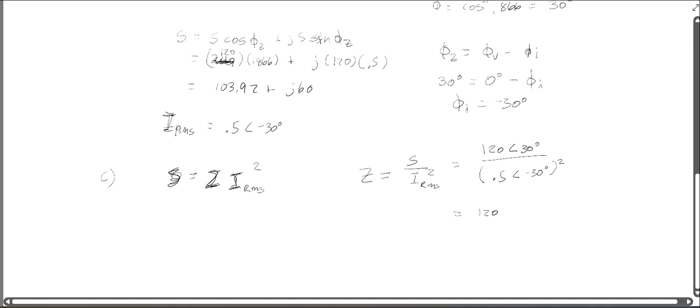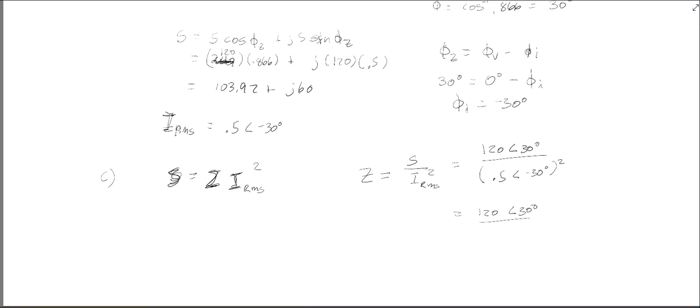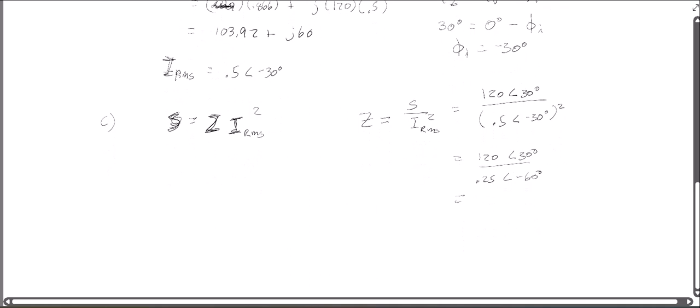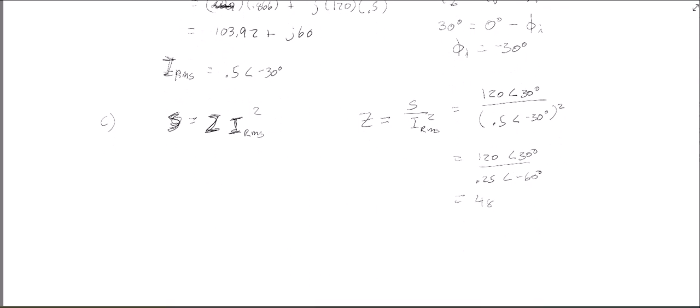So that'll be 120 angle 30 degrees, and then to square the phasor, I would square the 0.5 to get 0.25, and then you multiply the negative 30 times 2, so it'd be minus 60 degrees. And then this is 120 divided by 1/4, which is the same as 120 times 4, which is 480. And when you divide phasors, you subtract.